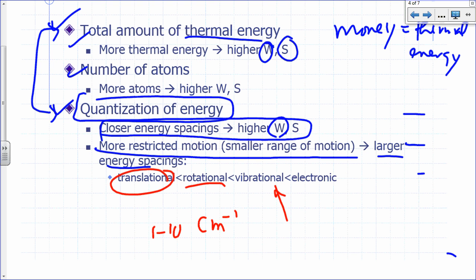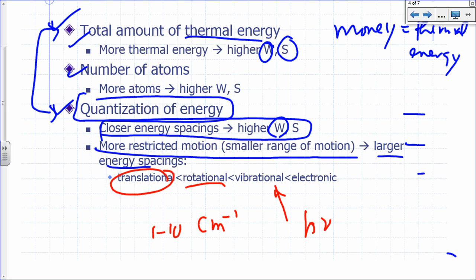Whereas for vibrational energy, the energy differences would be what? h nu, if you're assuming a harmonic oscillator, for example. And typically for molecules, what range of values do you get from your IR spectrometer?